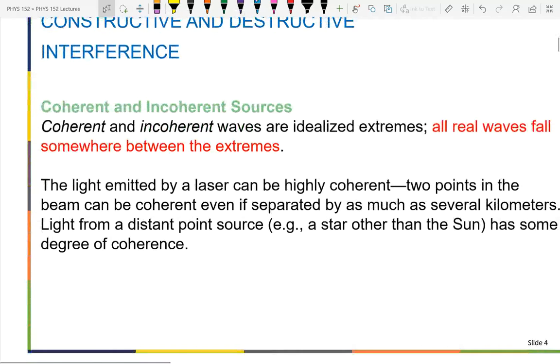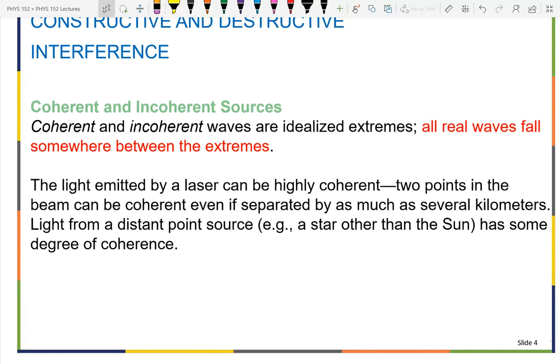So how does that work out? First, we should recognize all real waves fall somewhere between the extremes. All real waves have some range in which you have coherence, but then it changes. If I have a laser like this, it has what we call a wave train, a distance of coherence.